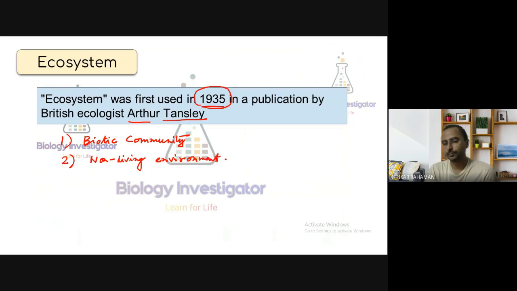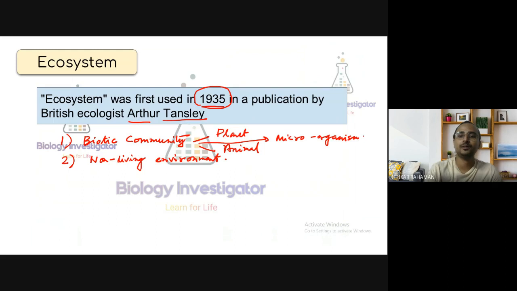So biotic community, the species present in the biotic community, species means animal or plant, অ্যানিমালও হতে পারে এবং প্ল্যান্টও হতে পারে, এরা মিলে তৈরি হবে বায়োটিক কমিউনিটি। এবং তাছাড়াও থাকবে microorganisms, for example some pathogens and bacteria। এবং তাছাড়া নন লিভিং এনভায়রনমেন্ট, সেটা সম্পর্কে আমরা একটু বাদে পড়ব। What are the components under non-living environment?